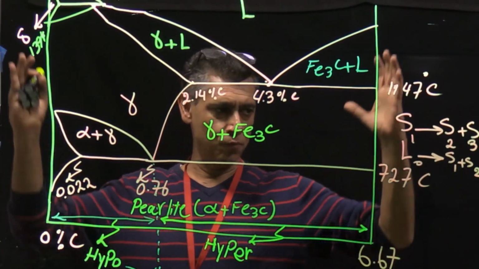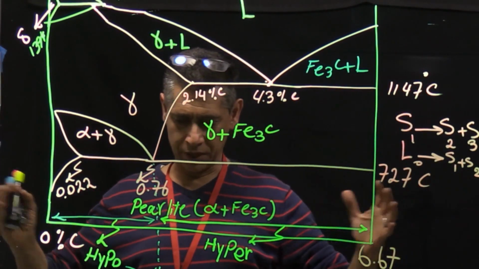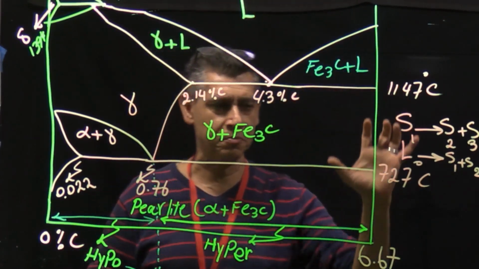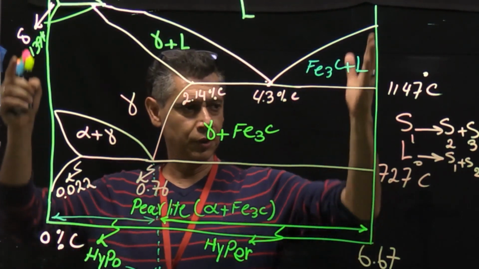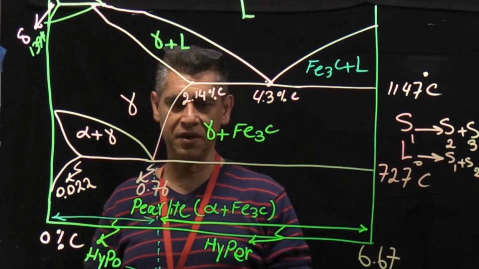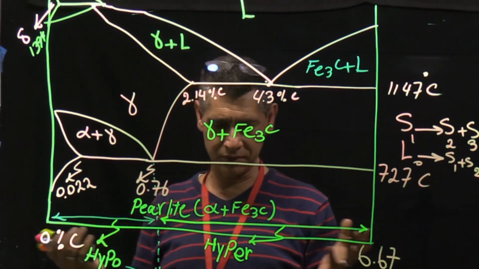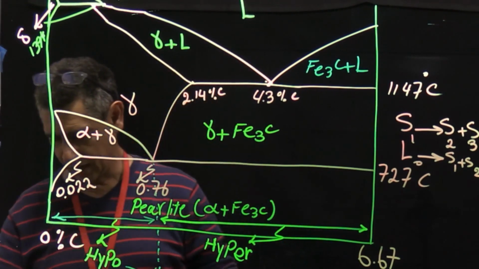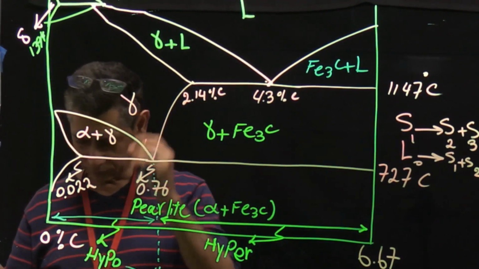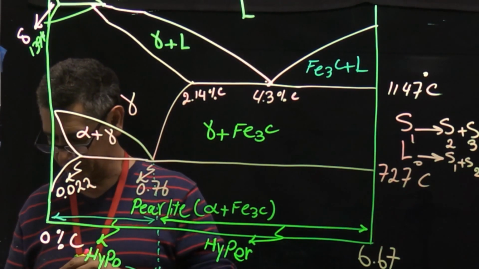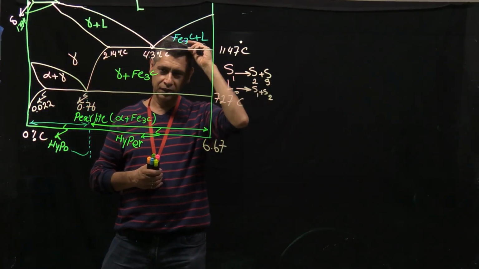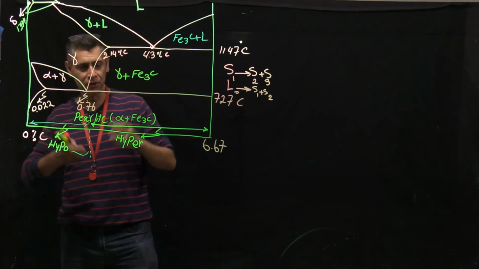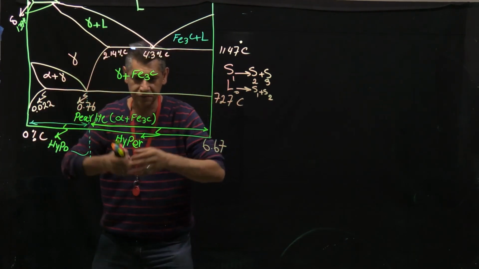So I really encourage students to completely visualize and be able to draw this phase diagram. It's very schematic. And more importantly, we need to be able to write the lever law in different areas.